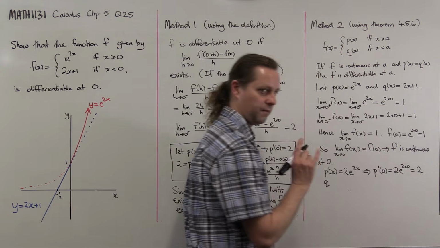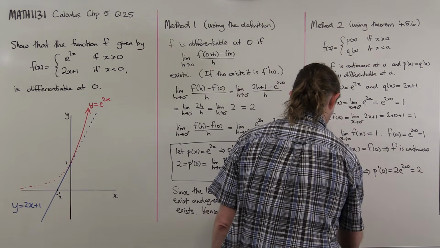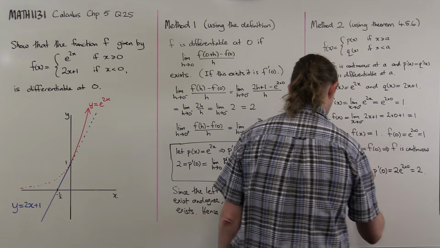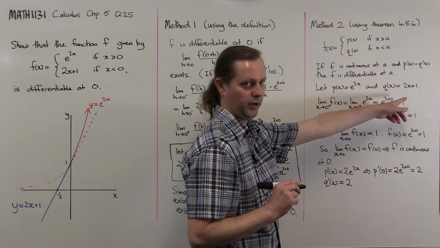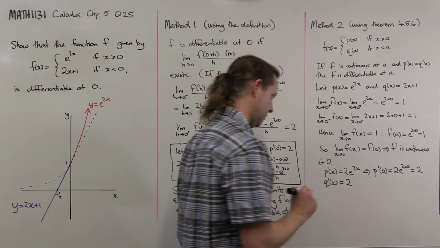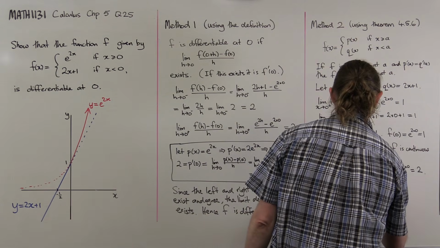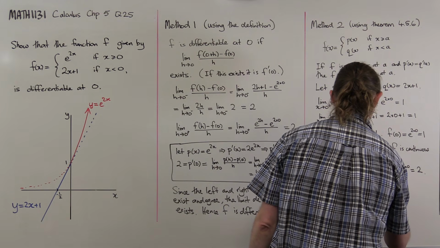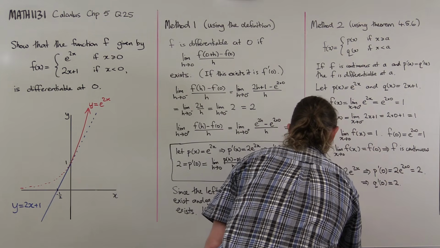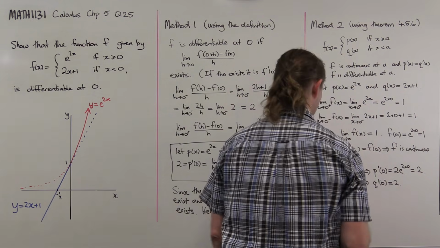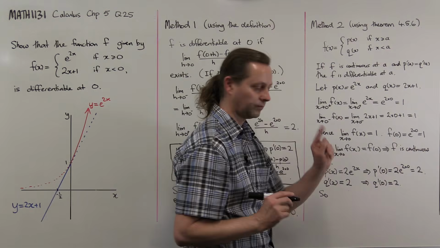And the other derivative, q dashed of x: q of x is 2x plus 1, so q dashed of x is just a constant 2. Of course, if it's 2 everywhere, it's 2 at 0. So these two numbers agree.